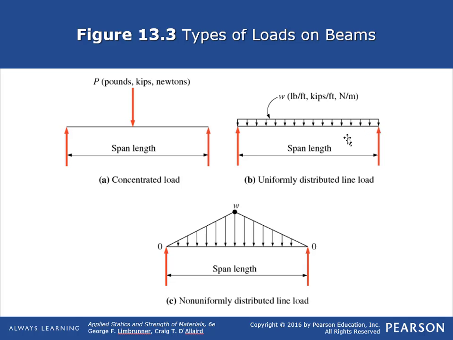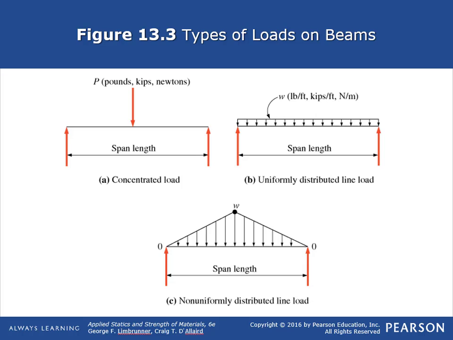This is a distributed load. The distributed load is this W, in pounds per foot, or kips per foot, or newtons per meter, and that's how it's designated. And then this would be a non-uniformly distributed load. It's 0 at one end and it increases to a maximum W, and then it comes back down.